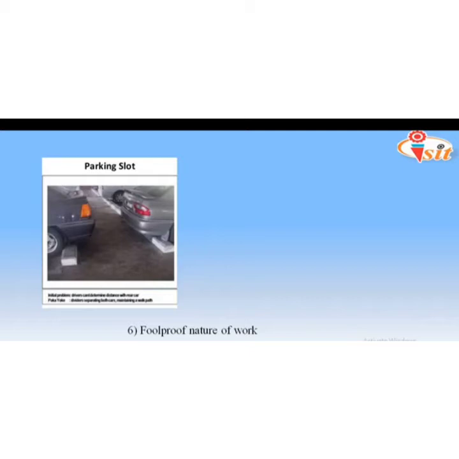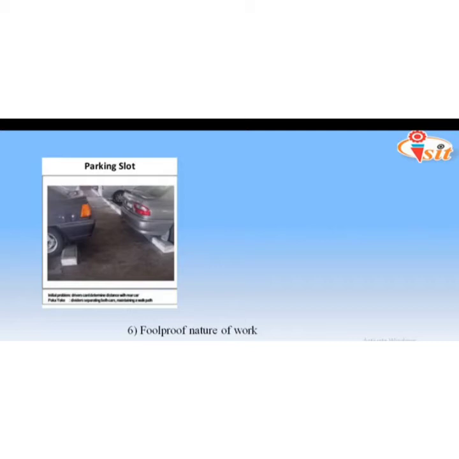You can see in the diagram that below the car there are two white dividers which restrict the movement of the car in the reverse direction. So with such a low cost, simple solution, the foolproofing of the system has been done.